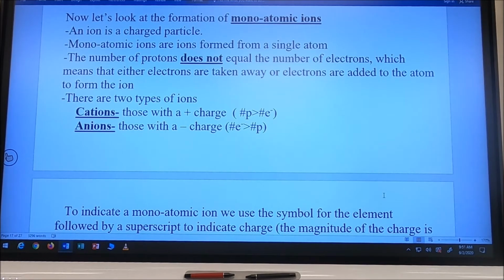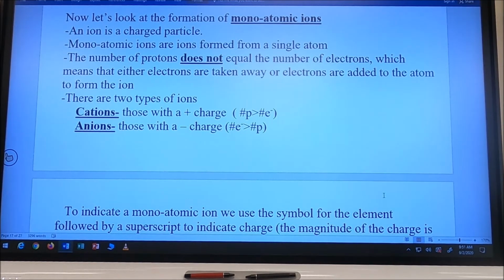So remember, in a cation, like I said earlier, the number of protons is greater than the number of electrons, so we're going to have a positive charge. We create that by losing electrons. Anions are negatively charged because the number of electrons is greater than the number of protons. We're going to form anions by an atom taking in electrons.